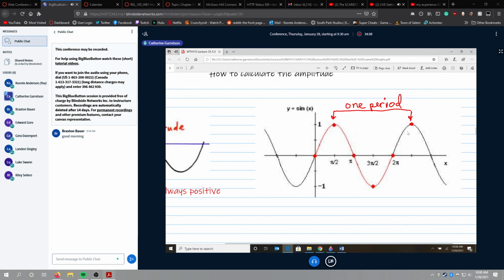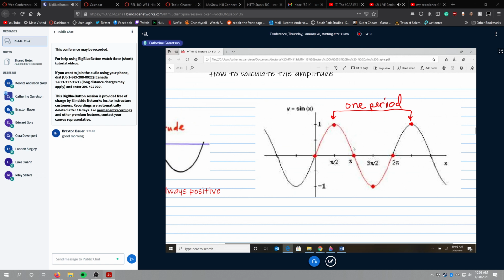What if I wanted to compress this horizontally so that the 2 high points are closer together? Well, I would have the same shape, but over a shorter distance. It would compress it horizontally. That's affecting the period.